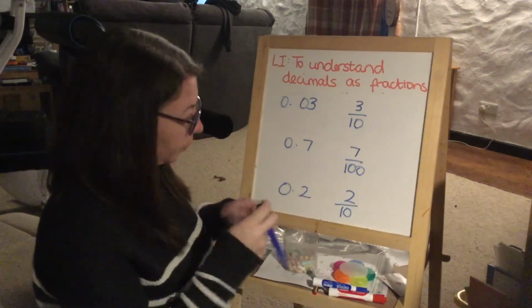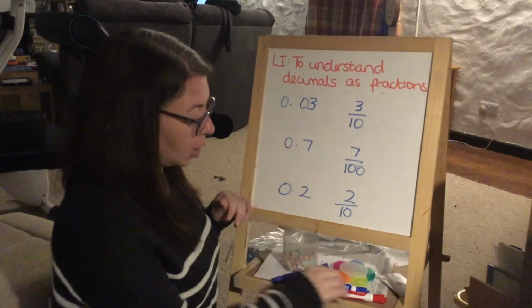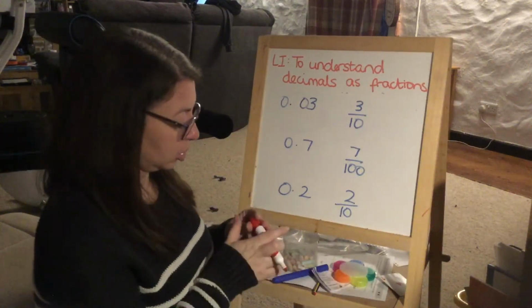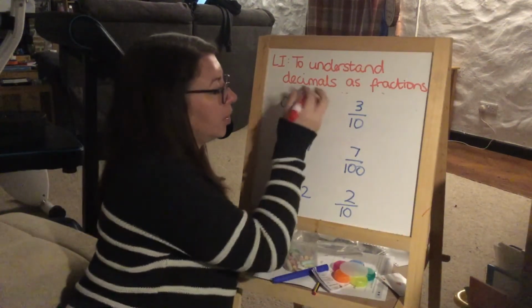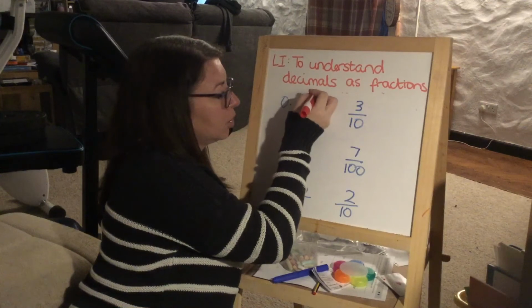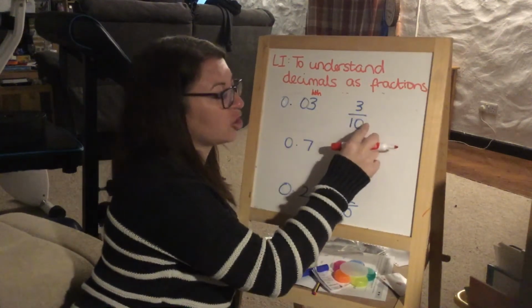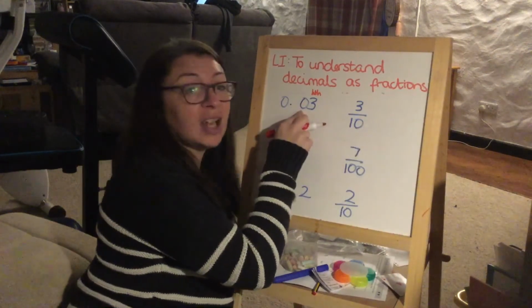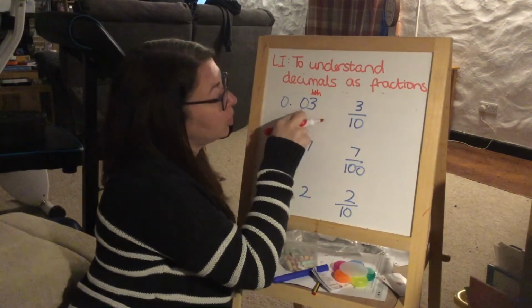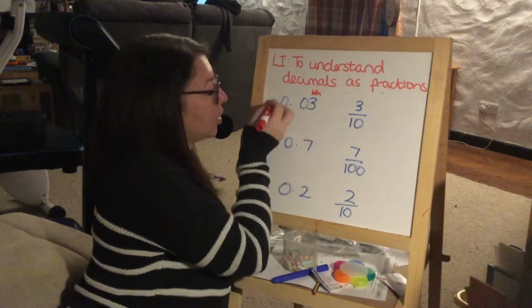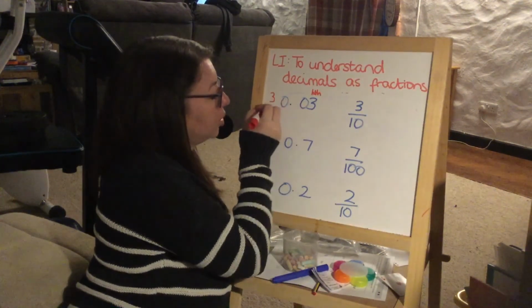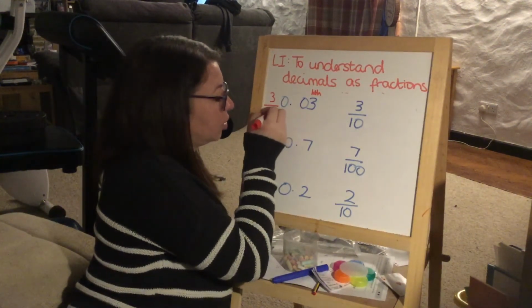I'll change to red. So now hopefully you will recognise that this number is in the hundredths column. Now this is saying it's 3/10, so that's 3/10 in this column. So if we turn this one into a fraction, we would have 3/100.